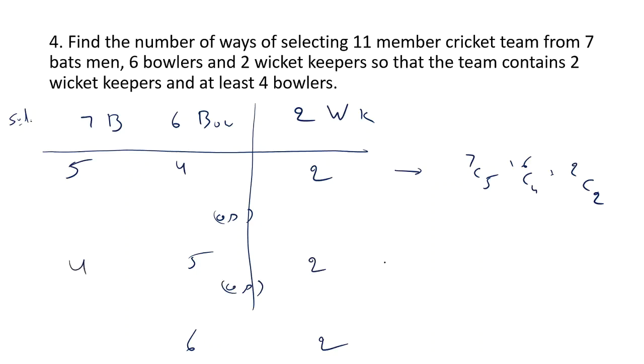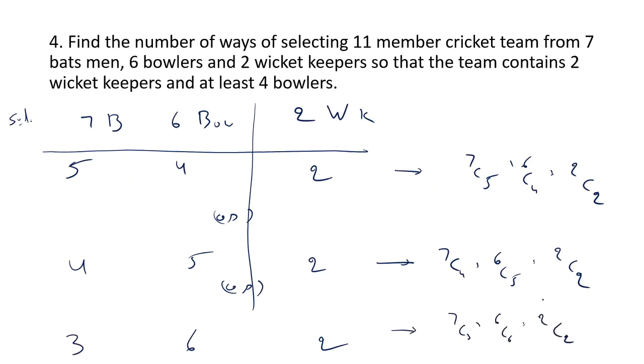And this can be done in 7 choose 4 times 6 choose 5 times 2 choose 2. So if the team consists of 6 bowlers, so it already consists of 2 wicket keepers, therefore 2 plus 6 is 8, so I can choose remaining 3 batsmen. And this can be done in 7 choose 3 times 6 choose 6 times 2 choose 2.